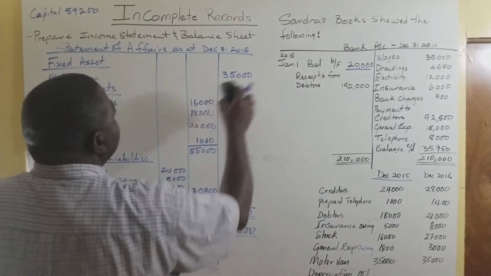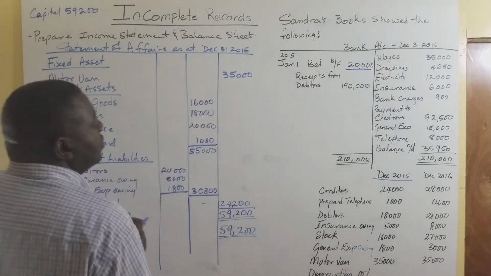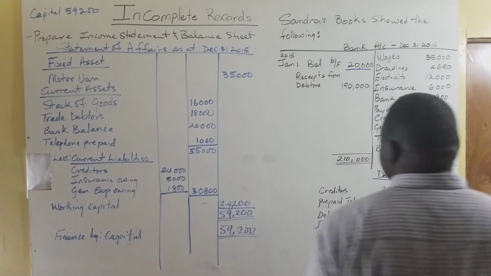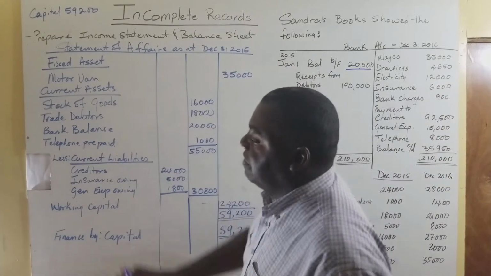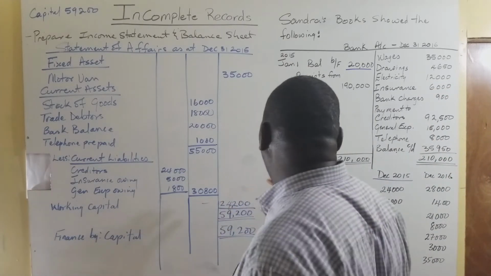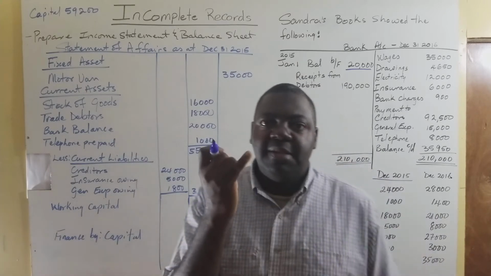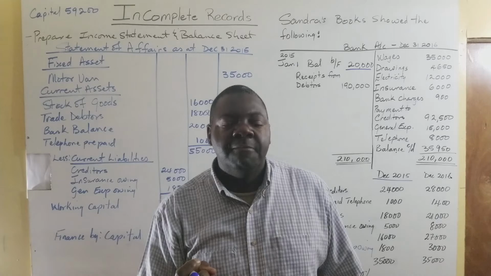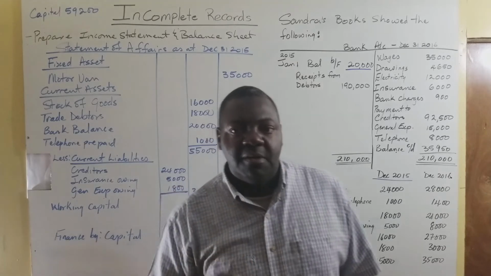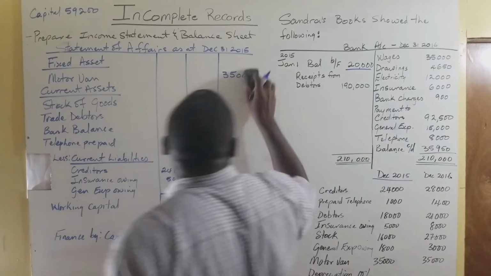All right. Let's move now to the next activity. We would have done the statement of affairs. Our next move now is to do the adjustments in relation to finding our sales figure and our purchases figure. We're going to approach that now.